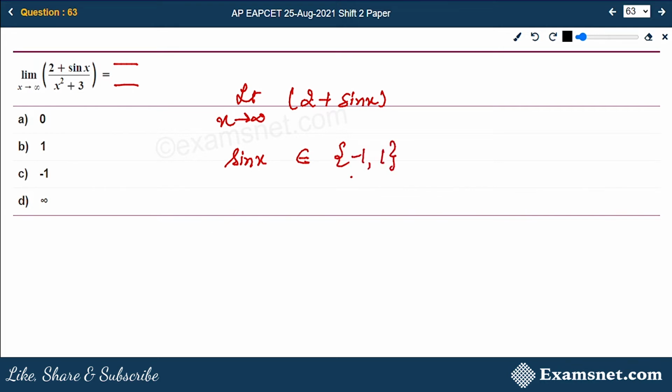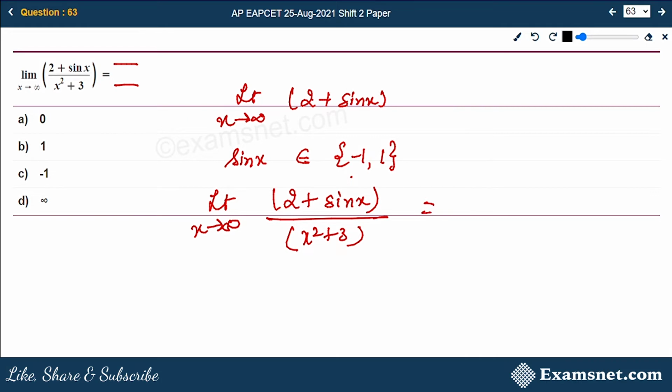The lowest value of sin x is minus 1 and the highest is 1. So the numerator is having some finite value.